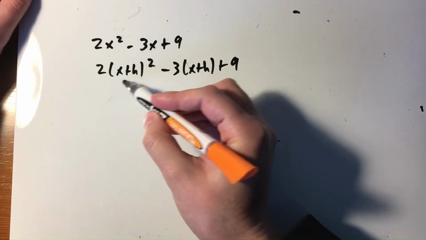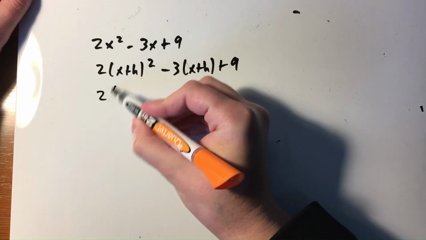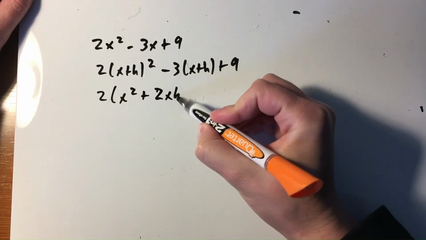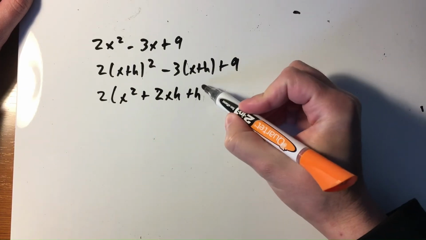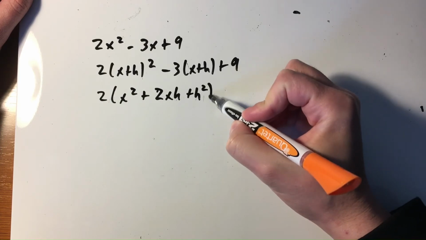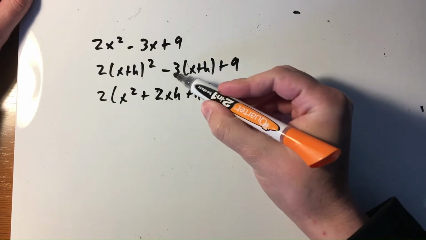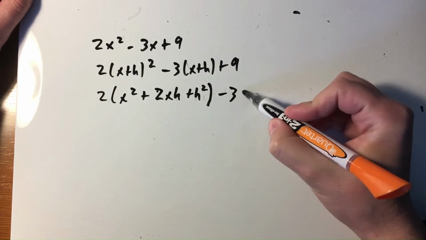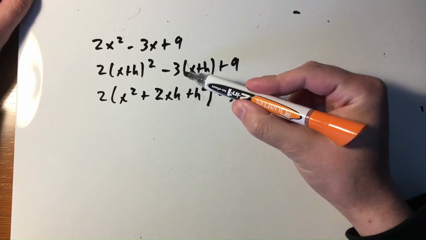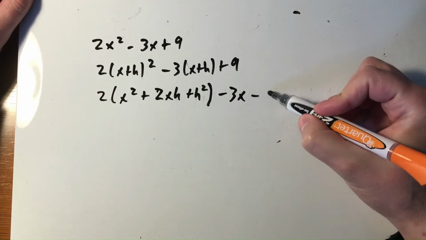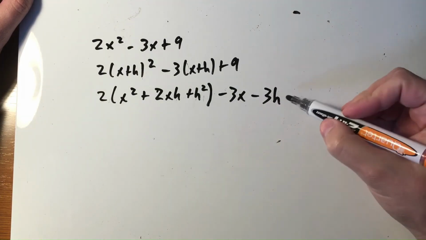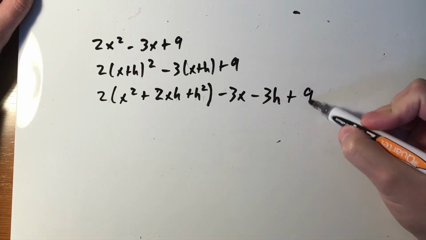So we just know that this is going to become 2 times x squared plus 2xh plus h squared. And this is going to become negative 3 times x is negative 3x. Negative 3 times h is negative 3h. And we still have our plus 9 there.